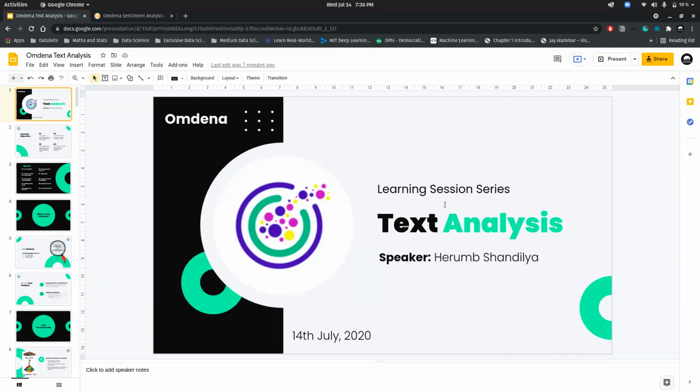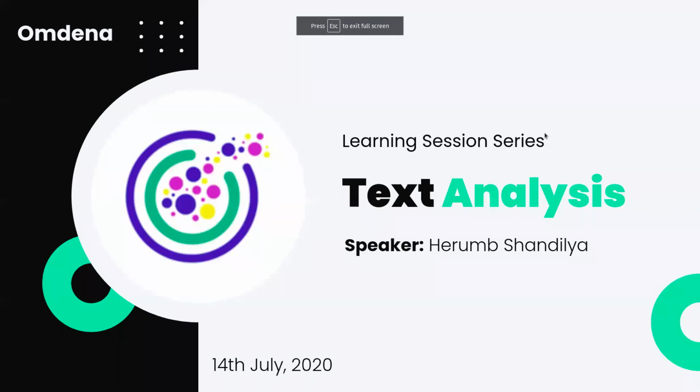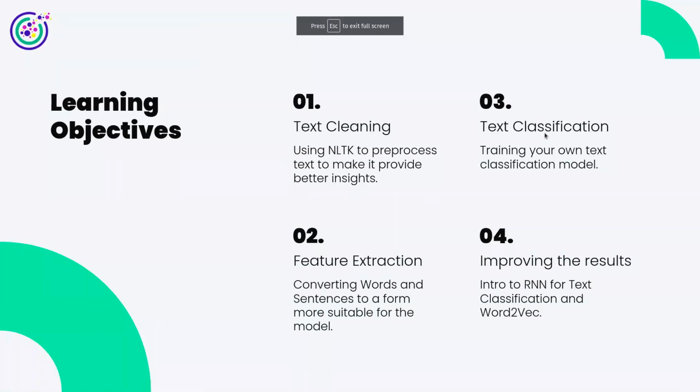We'll be learning about what is text analysis, how ML fits into it, and how you can handle various other things. So in this session, we'll be basically learning about text cleaning, how you can prepare your data set, clean your text in order to remove all the noise or unnecessary information from it to create a quality data set.